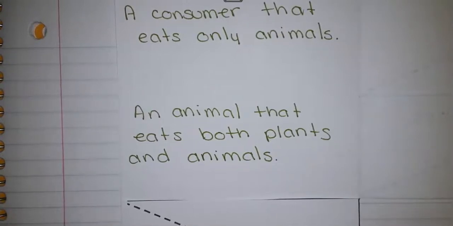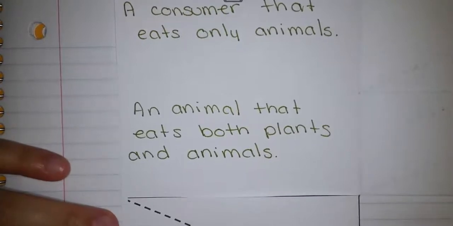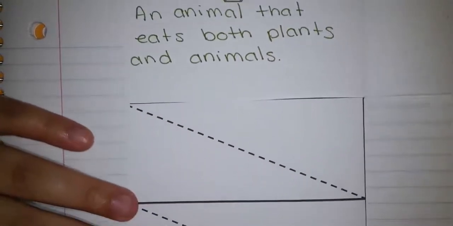We have two more or one more consumer, and then we're going to have the decomposer, and then two more words. So it's a total of 11 vocabulary words.